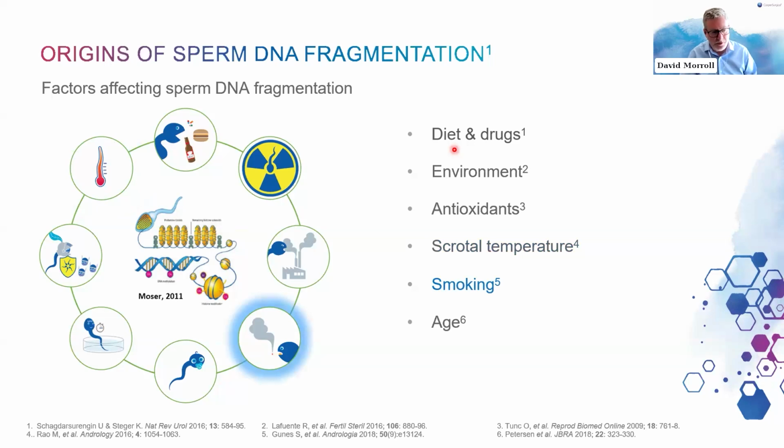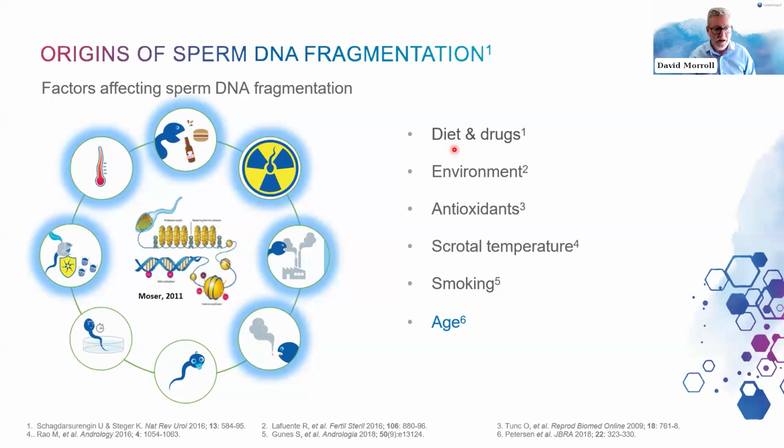Then, of course, smoking. We know how bad smoking is for all sorts of reasons. And of course, it has implications and impacts on the quality of the sperm that the man produces. And that can be seen not only for conception, but miscarriage, and maybe even going through to the offspring as well. And then there's age.